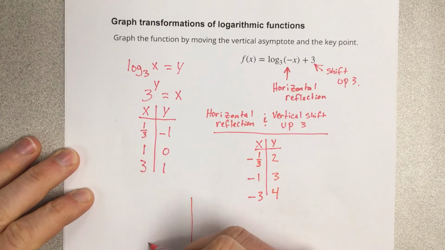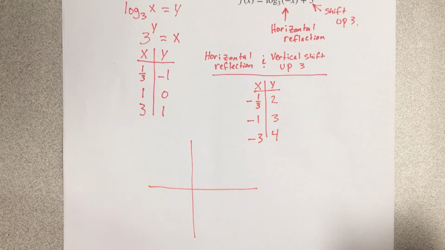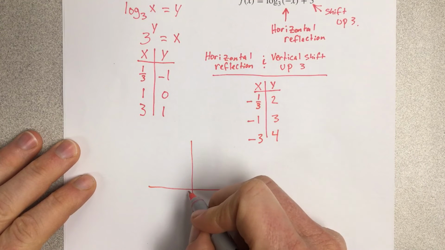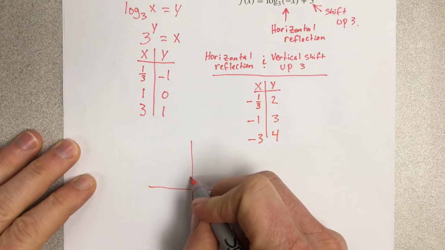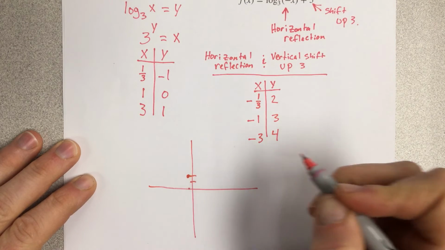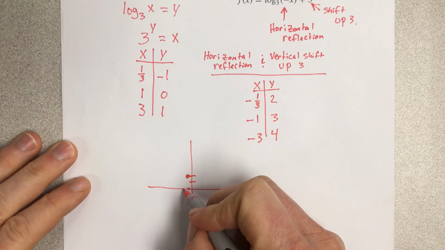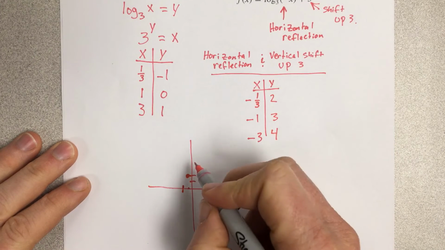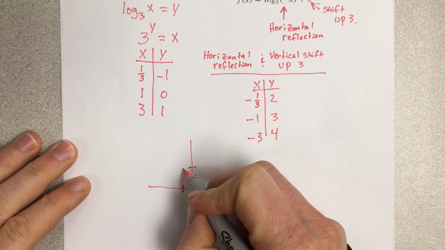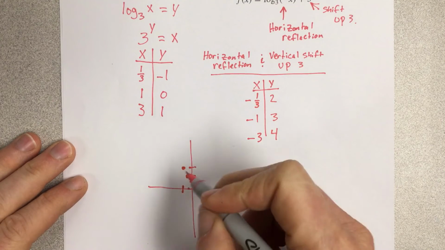Now we can graph it. So if I slide down a little bit, I get -1/3, 2, should be about right there. And then I have -1, 3. And then I have -3, 4.